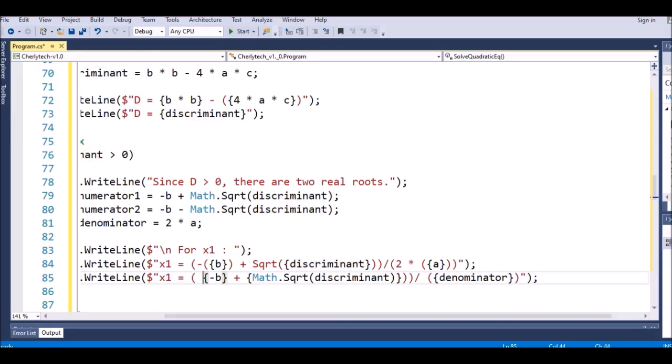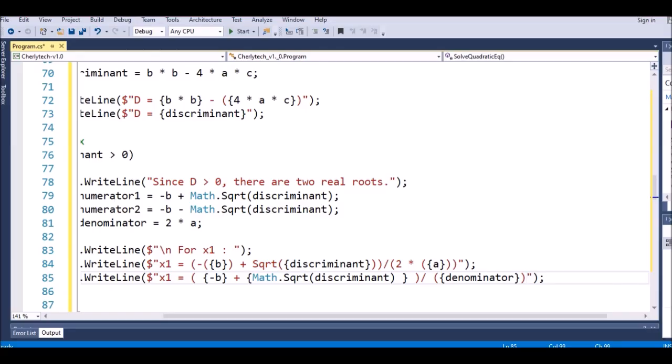So to do that, you have to put this one and this one. Just only this one. Then divide by denominator, right? Okay, this is all correct.